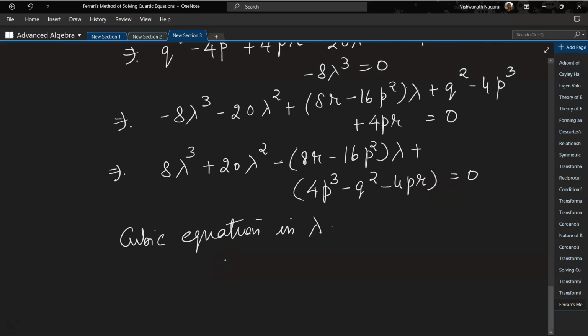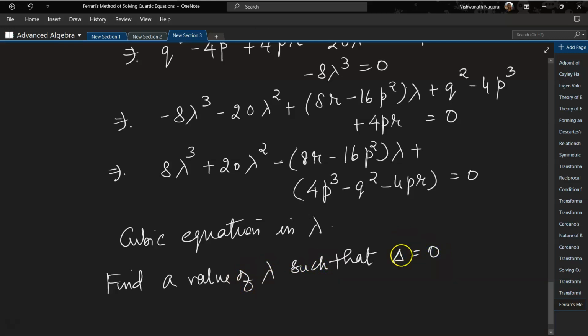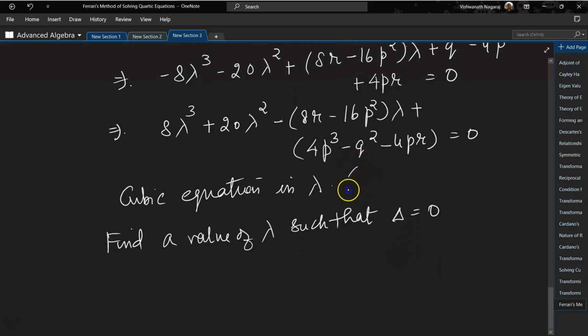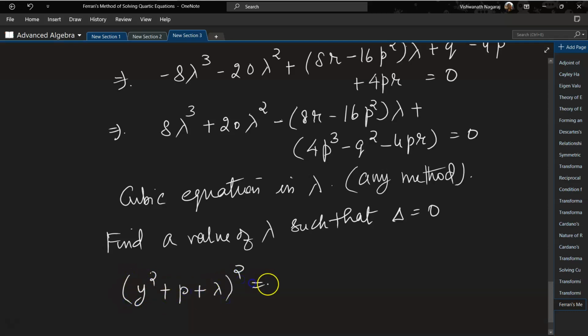equation. Yes. So find a value of lambda such that, remember the delta that we were talking of, delta is equal to 0. Delta of not this, but of the quadratic equation. Okay. So we can use any method to solve this cubic equation. So delta becomes 0, which means y square plus p plus lambda square is equal to sy plus t square.